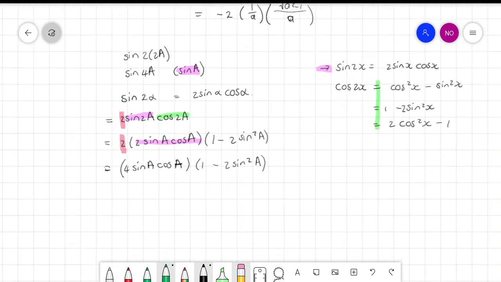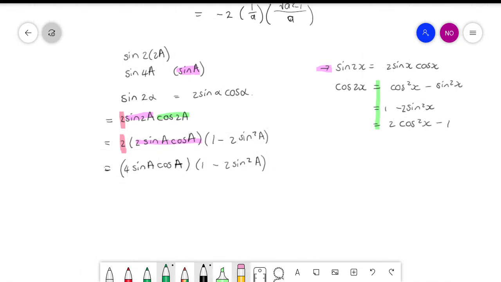Okay, and is there anything more we can do now? I need to get rid of that cos A. How can I get rid of cos A? Make it in terms of sin A. We must find a way to rewrite it. It's just going to give us the answer in the back of the book.